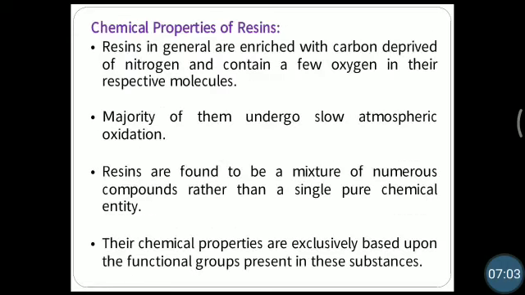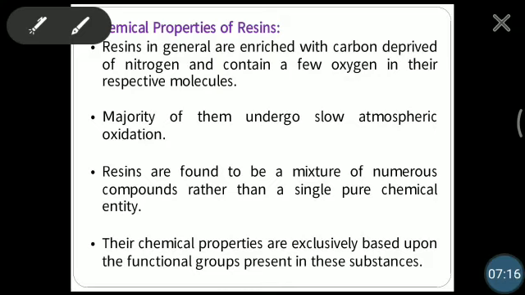Let's discuss the second part of the properties, that is the chemical properties of resins. Resins in general are enriched with carbon, deprived of nitrogen, and contain a few oxygen atoms in their molecule. The majority of them undergo slow atmospheric oxidation.